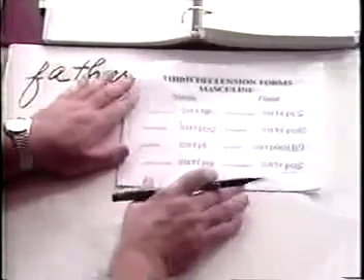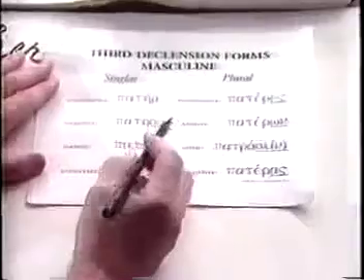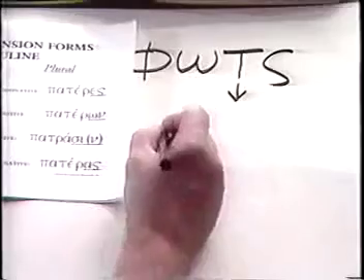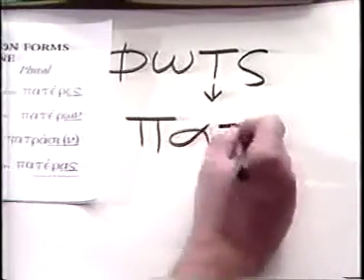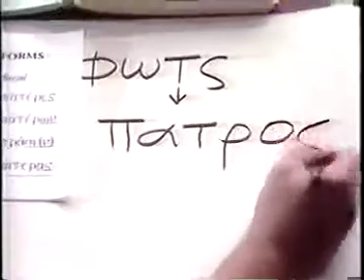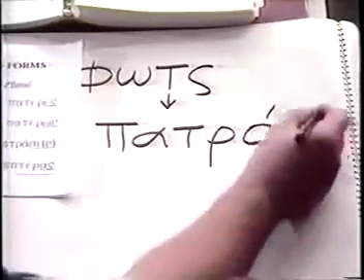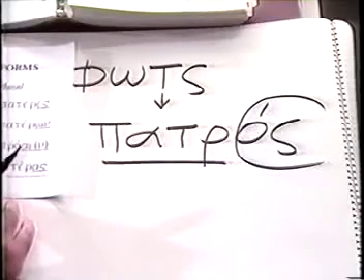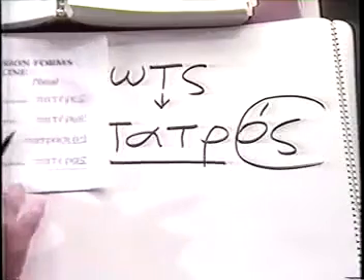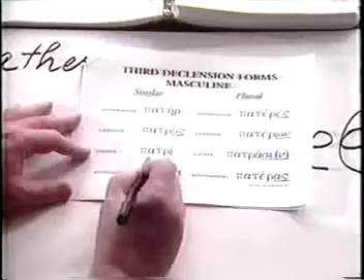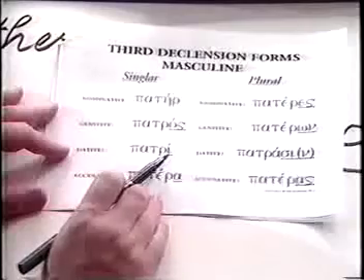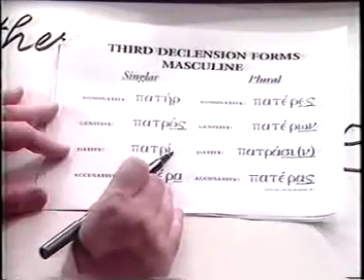All right, where do we go to get our stem? We go to the singular genitive, and we see that we take patros, and we remove the singular genitive ending, and what we're left with is the stem patr. It's a little difficult to say, isn't it? Look at the singular dative. The singular dative takes the stem patr, P, alpha, tau, rho, and simply adds an iota to it, so you have patri.